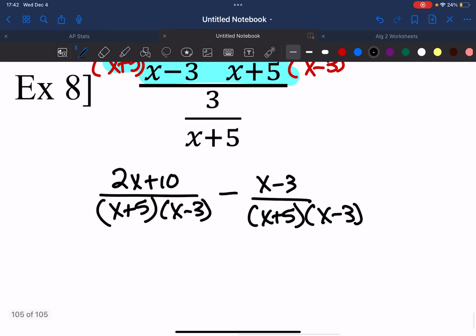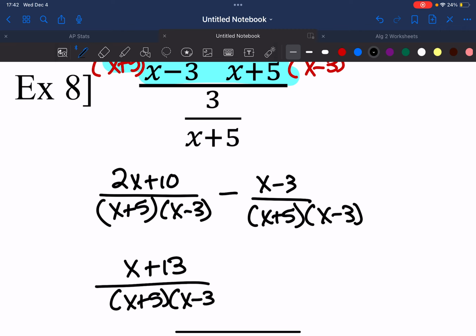Now that I have the same denominators, I can combine the numerators. So I have x plus 13, because 10 minus a negative 3 is 10 plus 3, which is 13, over x plus 5 times x minus 3. This is my new numerator.